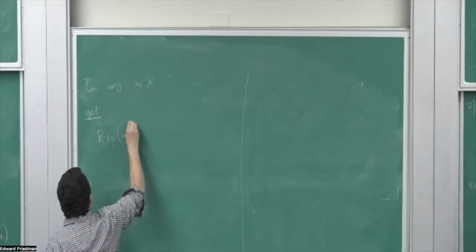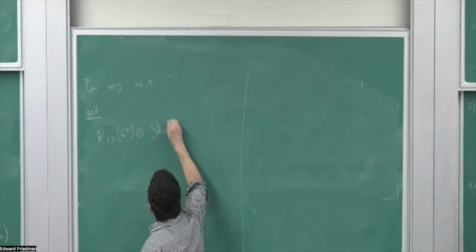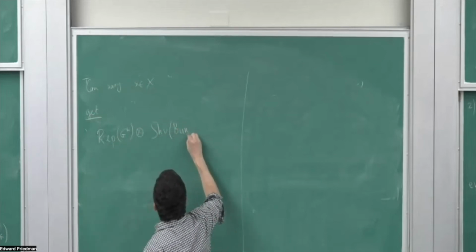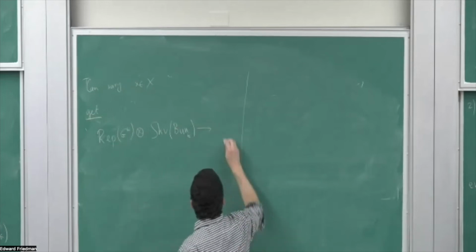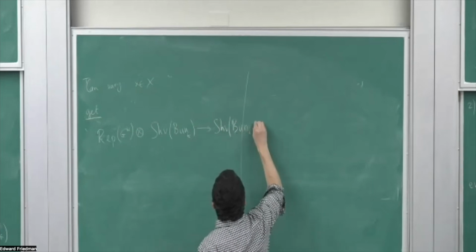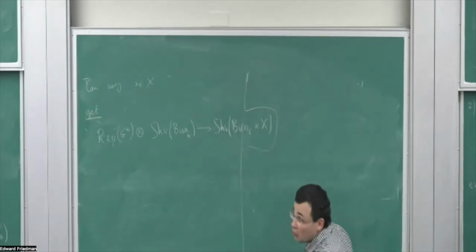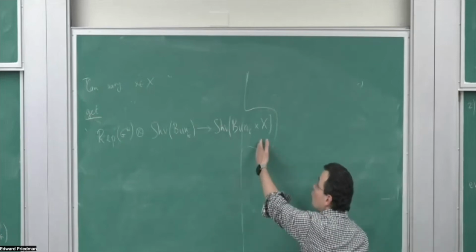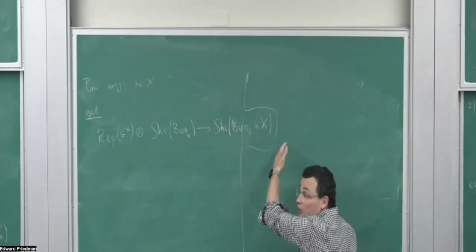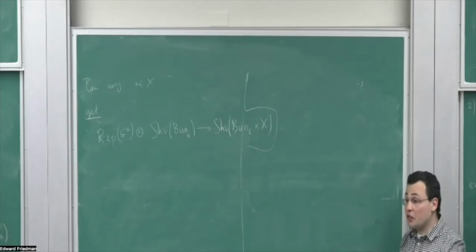You input a representation of the dual group, and what you end up with is a sheaf not on Bun_G, but on the product of Bun_G and the curve, with the idea being that the restriction to every point recovers this Hecke action. This is the sense in which these functors behave continuously with respect to the curve.